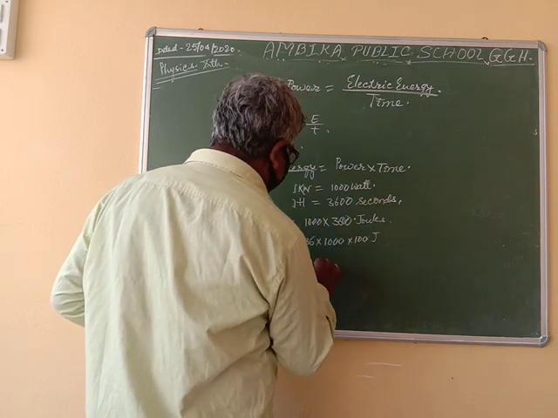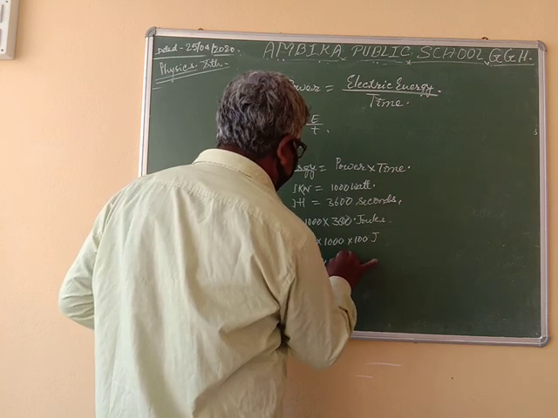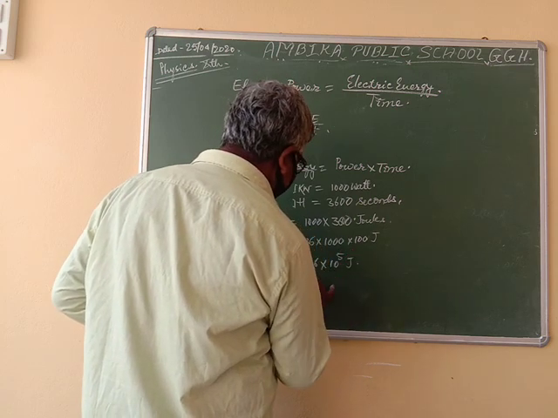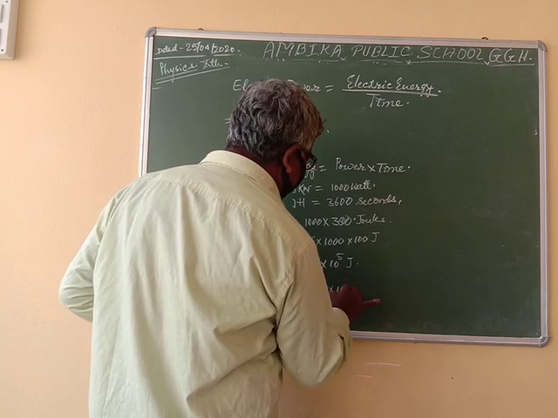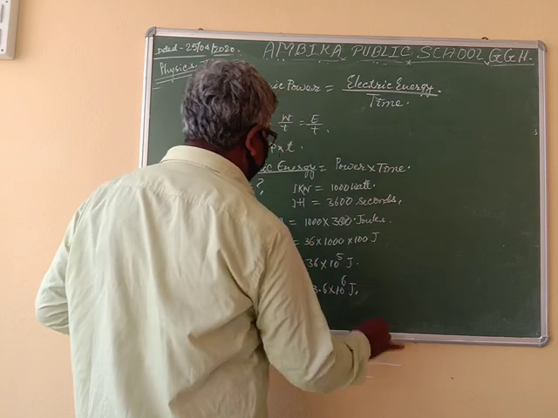That is 36 into 10 to the power 5 joules, that is 3.6 into 10 to the power 6 joules.